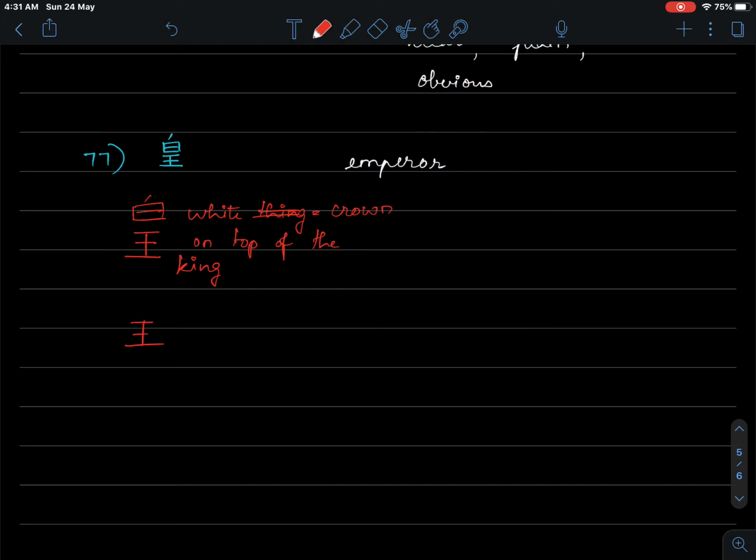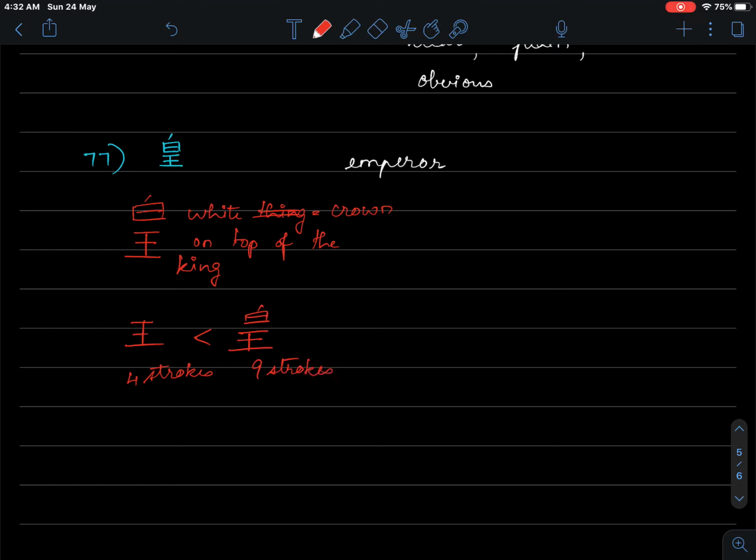Another way of thinking about it, a bit more pedestrian, is that this is just your usual king, and this king has 4 strokes. This is less than having to write 5 strokes on top of the previous 4 strokes, making it 9 strokes.